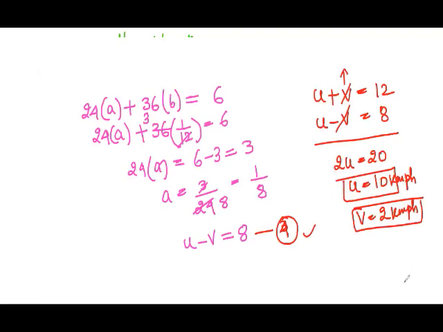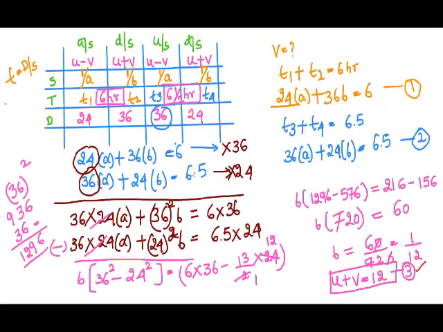So how to solve this very fast? Just build these equations by looking at the statements only. 24A plus 36B is equal to 6. First write 36A plus 24B is equal to 6.5. Then multiply and solve these equations. You will get U plus V is equal to 12.